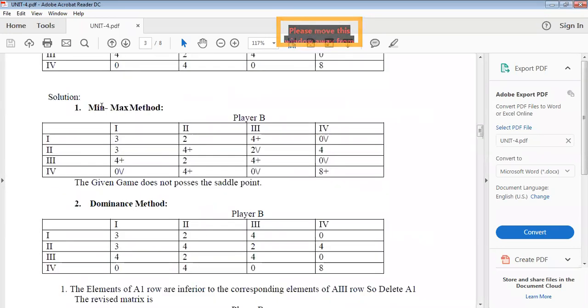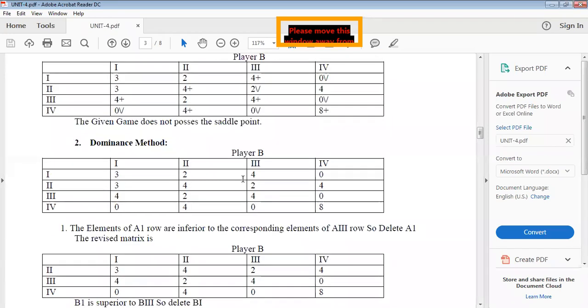Whereas in this particular case, minimax or maximin, that is, the minimum of the rows and the maximum of the columns, are not matching. Hence, the given game does not possess the saddle point. Where they match at a particular point, that is called the saddle point.